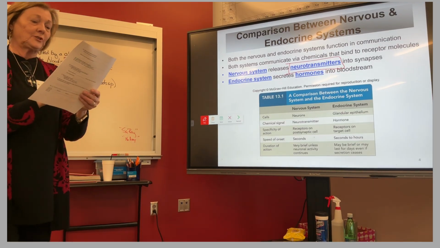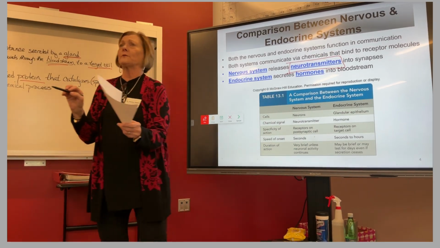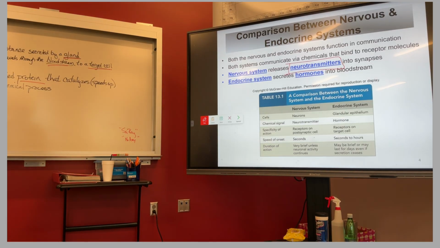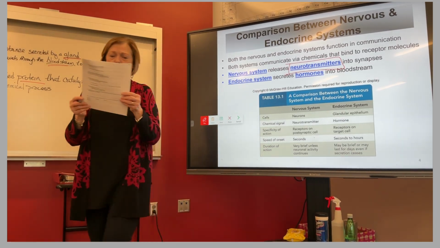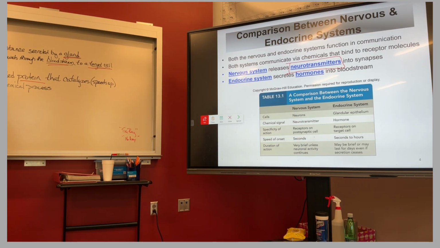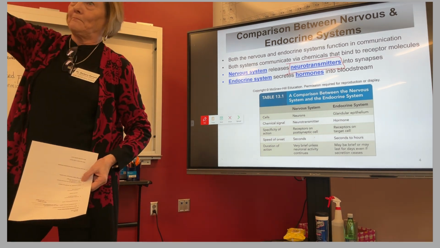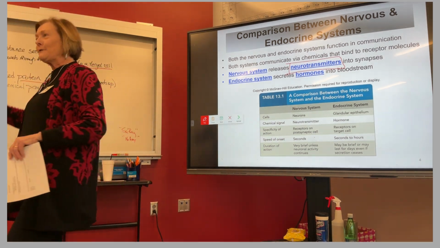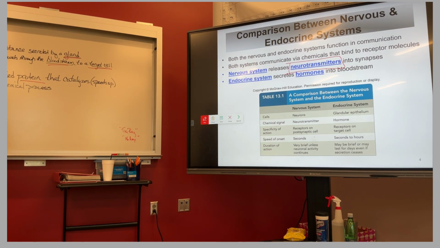What is the messenger for the nervous system? Boom. What is the messenger for the endocrine system? Hormones. Yes. How is it transported? Bloodstream. Boom. Who receives it? Target cells. Perfect. You gotta know that.